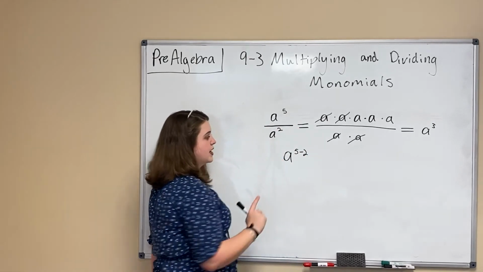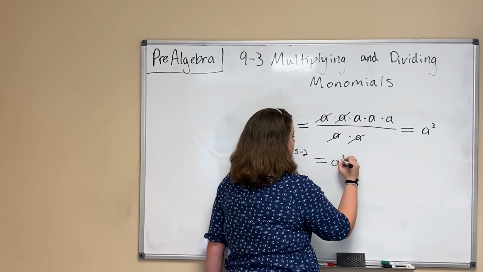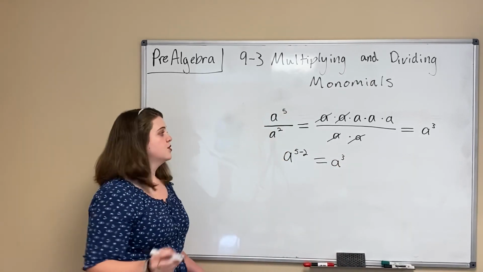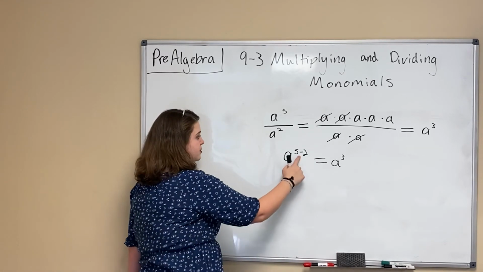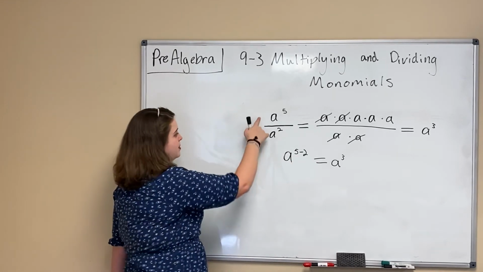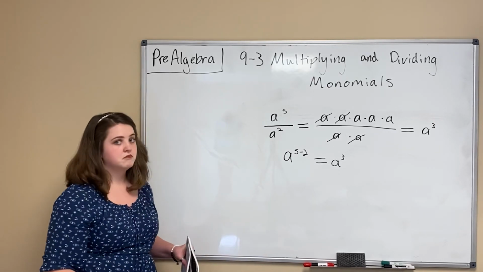I just subtracted their exponents, and that also gives me a to the 3rd. So anytime I'm dividing a power, I subtract their exponents. Good?